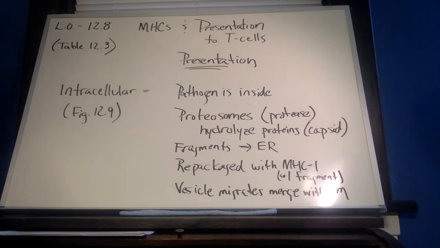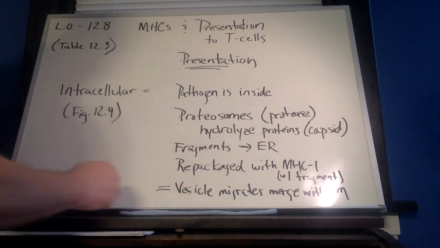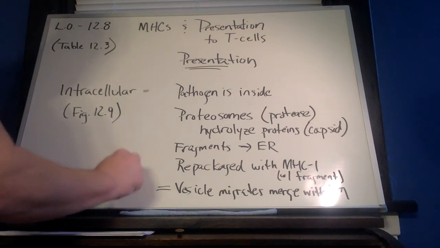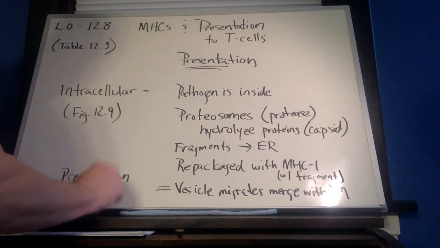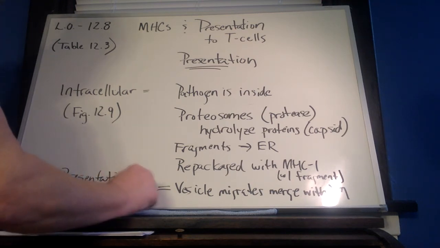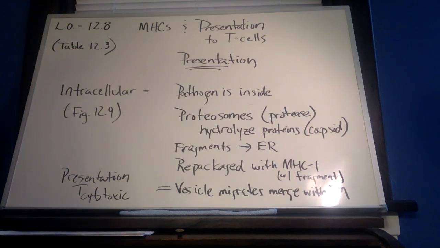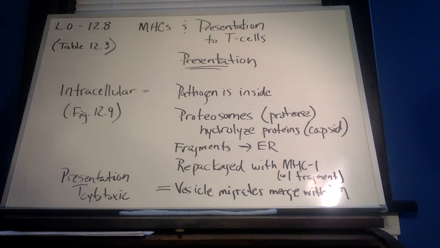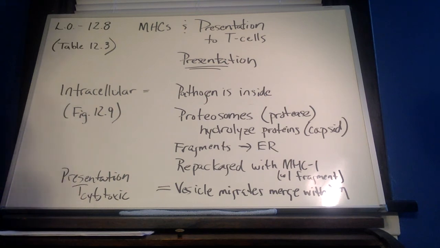And then you can see there, this is where it can actually meet up with and be presented to a T cytotoxic cell. This is where we get presentation. MHC1 protein complexes with their antigen get presented to T cytotoxic cells. So that is in the intracellular lifestyle of your pathogen.